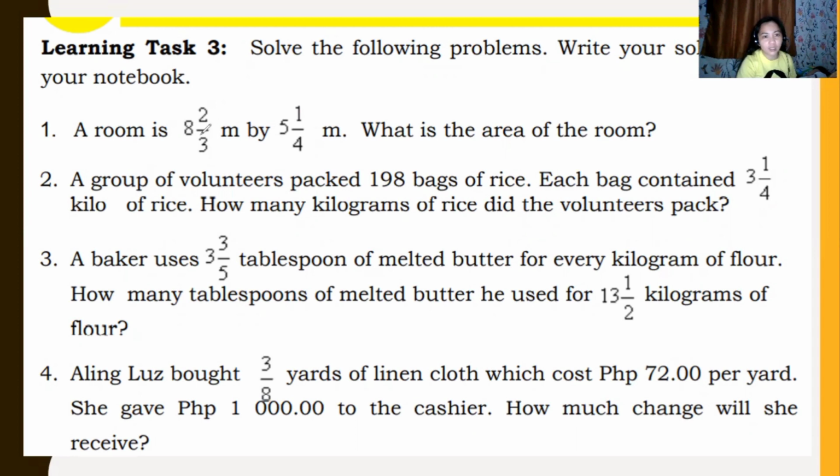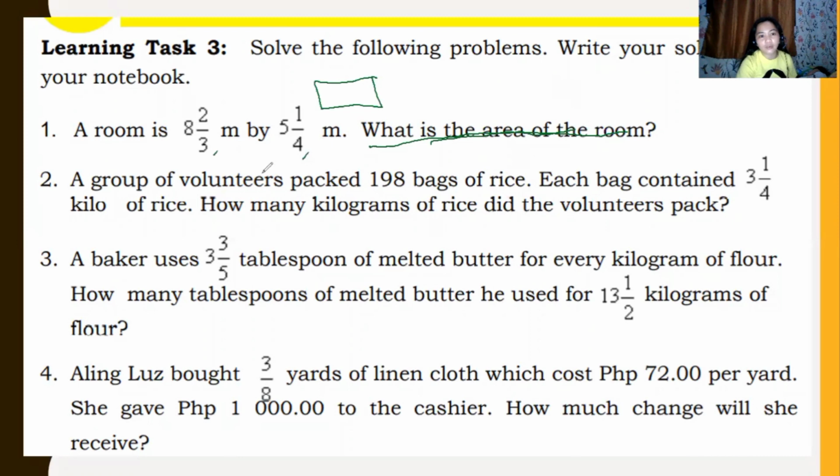So, ibig sabihin, ito yung dimension ng isang room. Anong shape kaya ng room na yon? Ibig sabihin, siya ay isang rectangle. What is the area of the room? So now, what is asked in the problem is the area of the room.